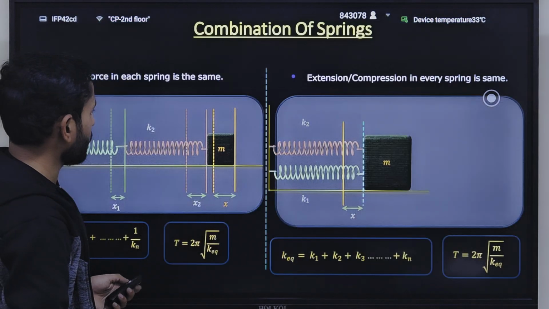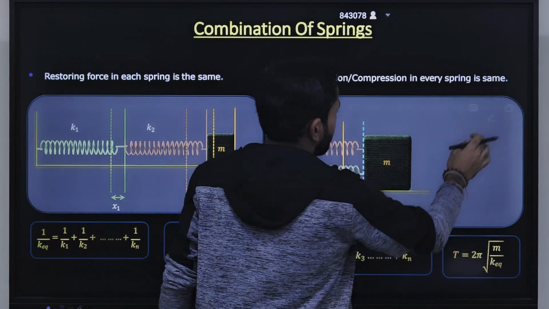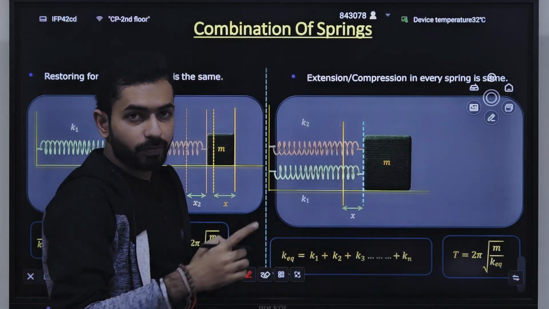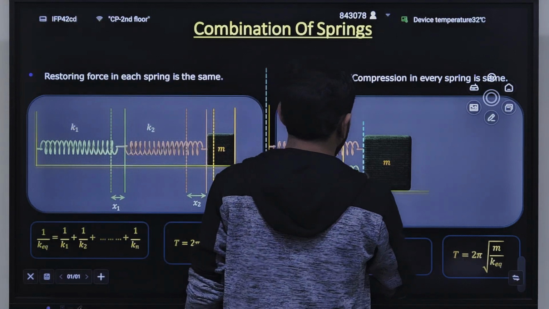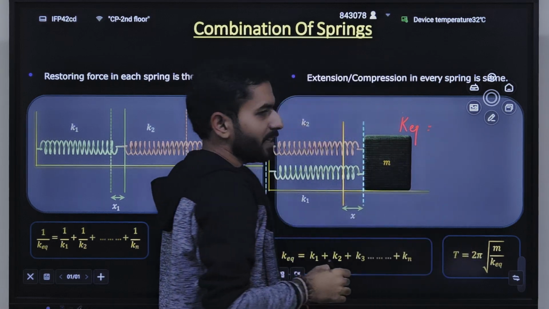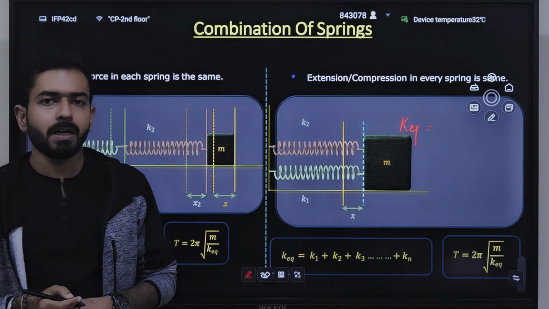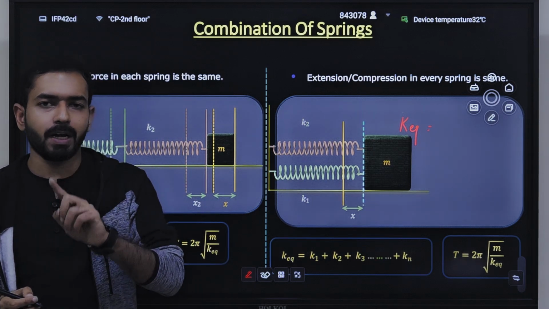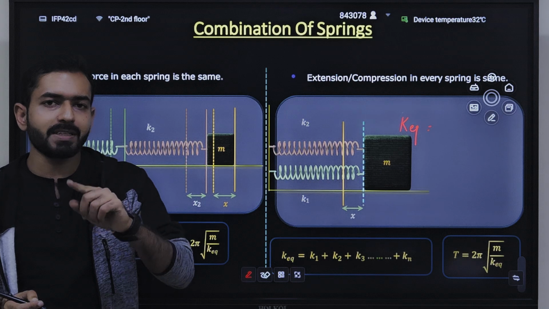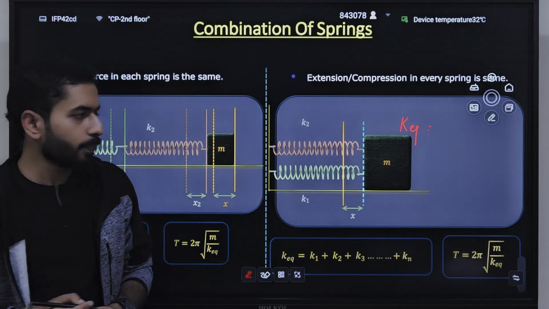What are the formulas? Let's suppose here K1 and K2, and K equivalent. If two resistors are in parallel combination, how will you write the formula? 1 by R equivalent is equal to 1 by R1 plus 1 by R2. But when connected in series, R equivalent is equal to R1 plus R2.